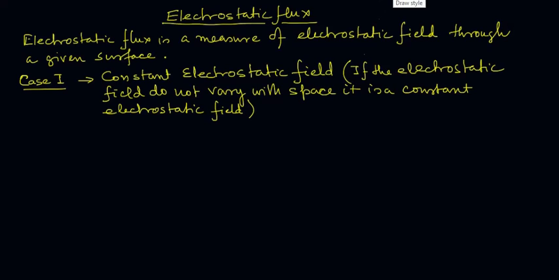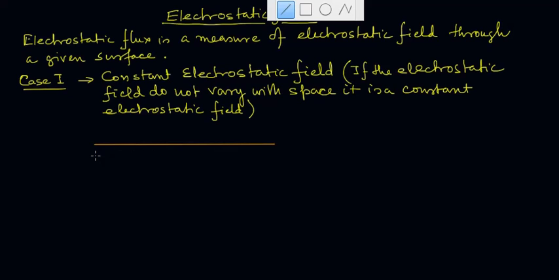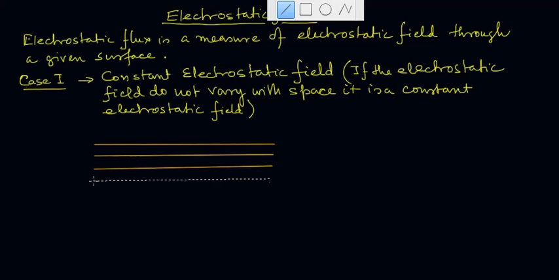So let's draw it. Suppose these are constant fields coming from the left to right. And you see, as we go from left to right, there is no change in the direction as well as the magnitude.